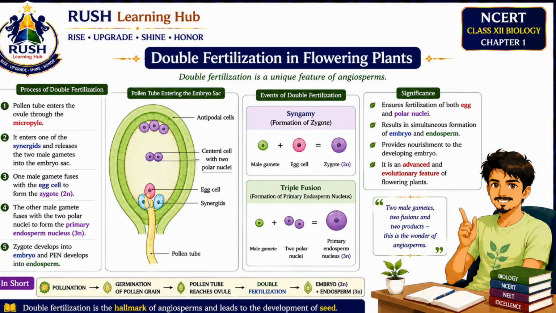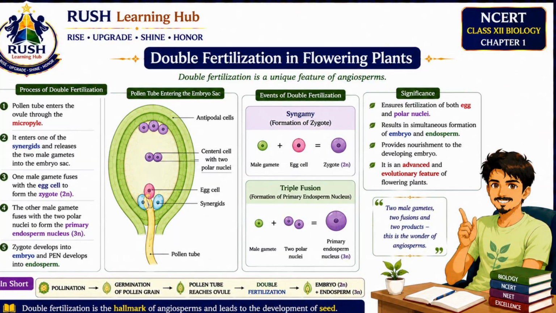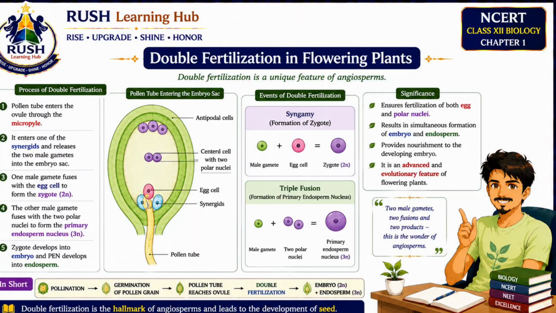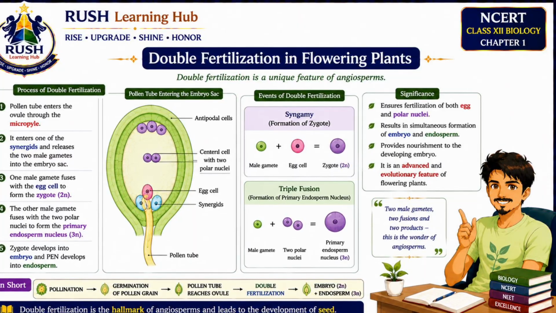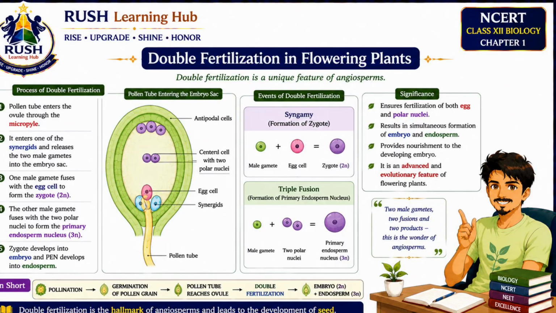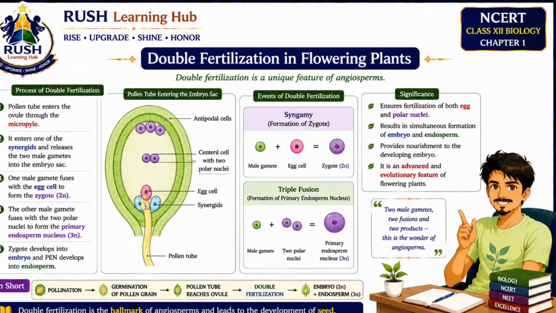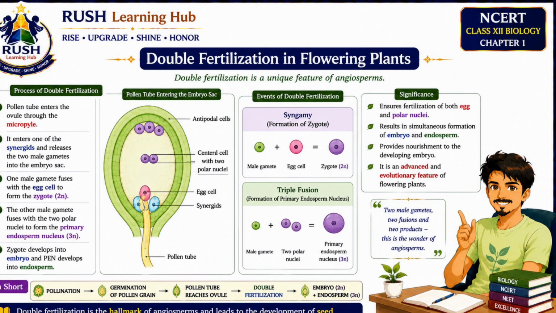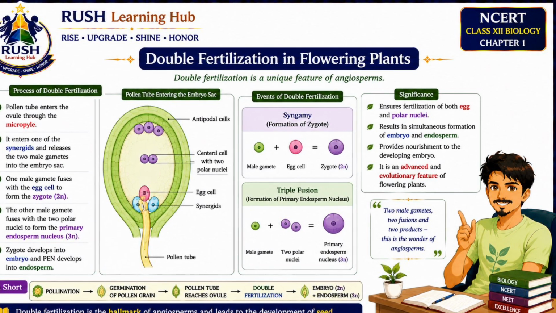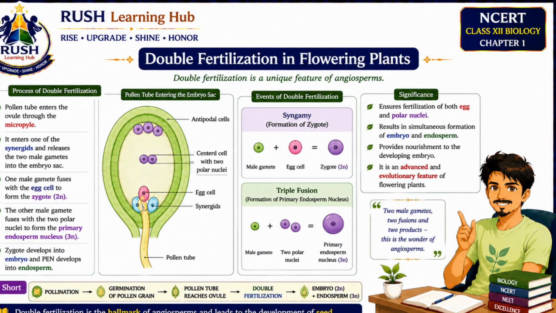The second male gamete fuses with the two polar nuclei present in the central cell to form a triploid primary endosperm nucleus, also called PEN. This process is known as triple fusion. The primary endosperm nucleus develops into the endosperm, which provides nourishment to the developing embryo.